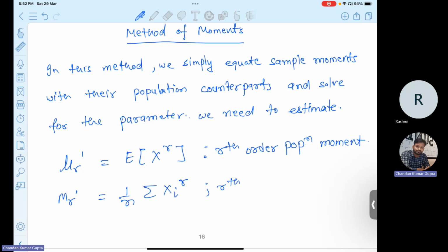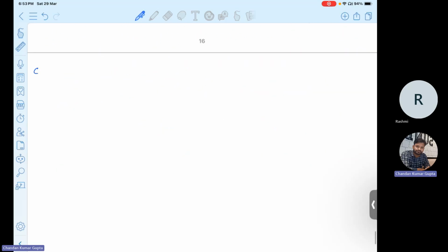This is the rth order sample moment. We equate these two and solve for the parameter. The value that we estimate is the method of moments estimator. Let's discuss it with an example.